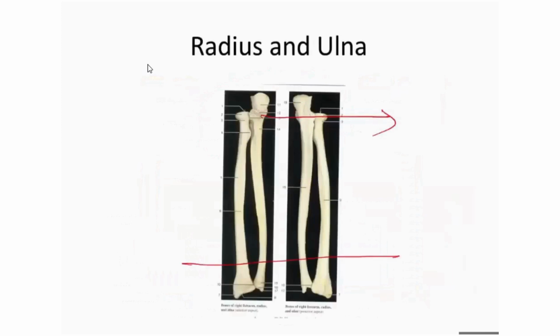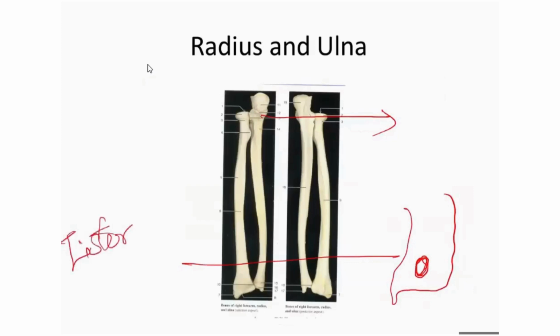Am I right? If you take the lower end of the radius, on the posterior surface, there is a tubercle called the dorsal tubercle of Lister. If this is medial, this is lateral.